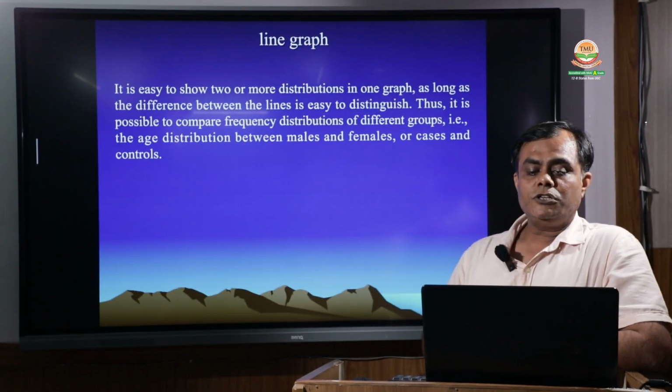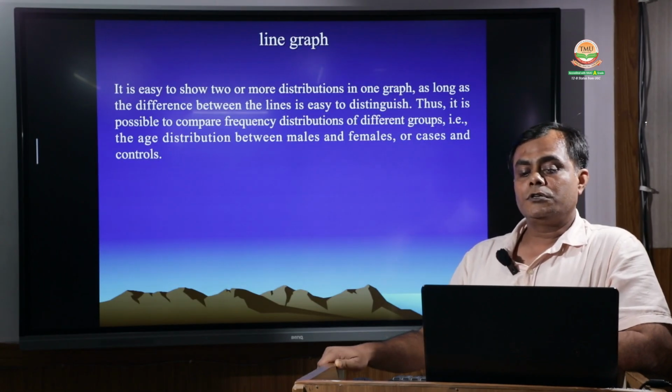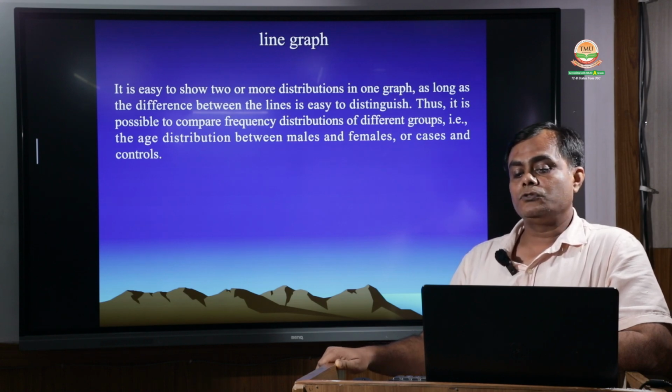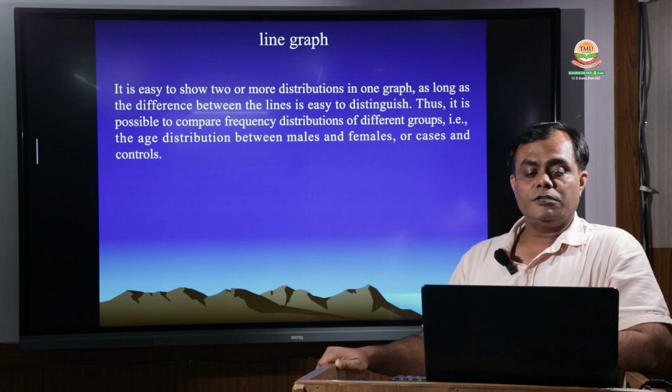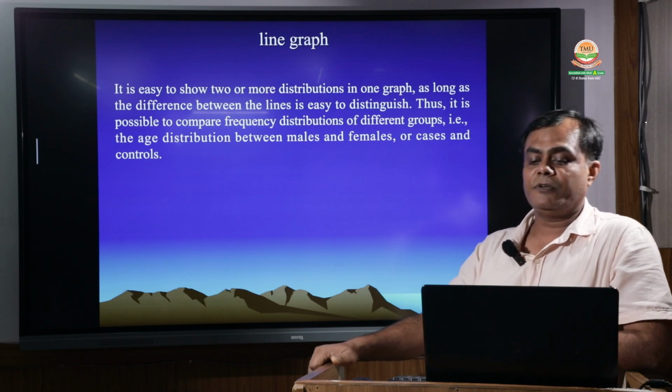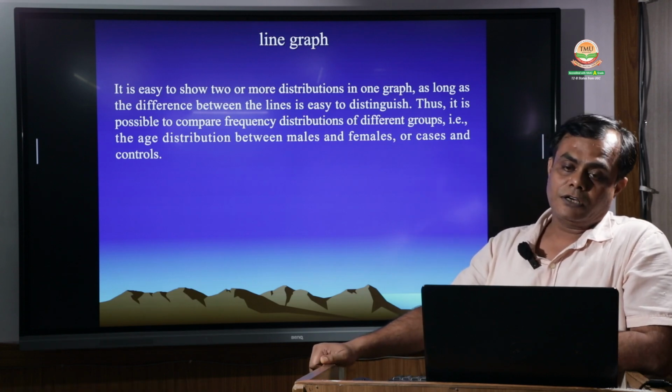It is easy to show two or more distributions in one graph as long as the differences between the lines are easy to distinguish. Thus it is possible to compare frequency distributions in different groups, such as the age distribution between males and females, or the cases and the controls.